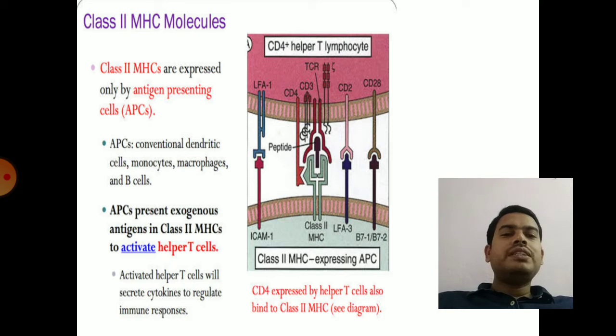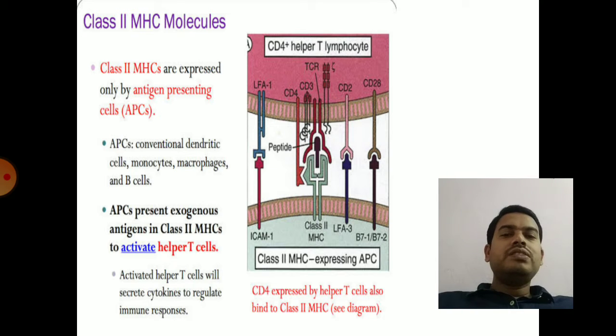So the antigen presenting cells like monocytes, macrophages, dendritic cells and B cells process the antigen and present it to the CD4 receptor containing T lymphocyte, that is T helper cells. All the antigen presenting cells process the antigens that entered into the body, and they present these peptides with the help of the class 2 MHC molecule on the surface to the CD4 receptor T helper cell.